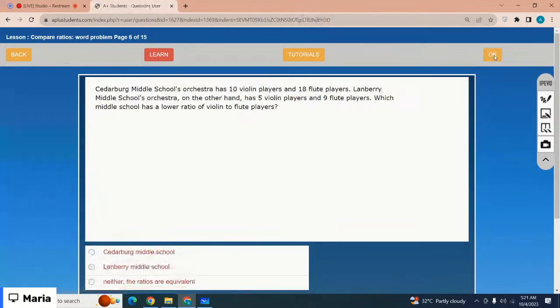Okay, Cederberg Public Middle School's orchestra had 10 violin players and 18 flute players. Lenberry Middle School, on the other hand, had 5 violin players and 9 flute players. Which middle school had a lower ratio of violin to flute players? Which is the correct option?